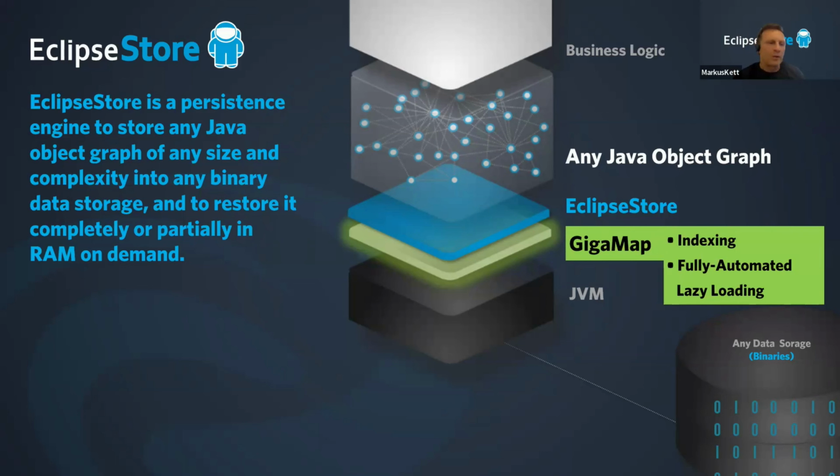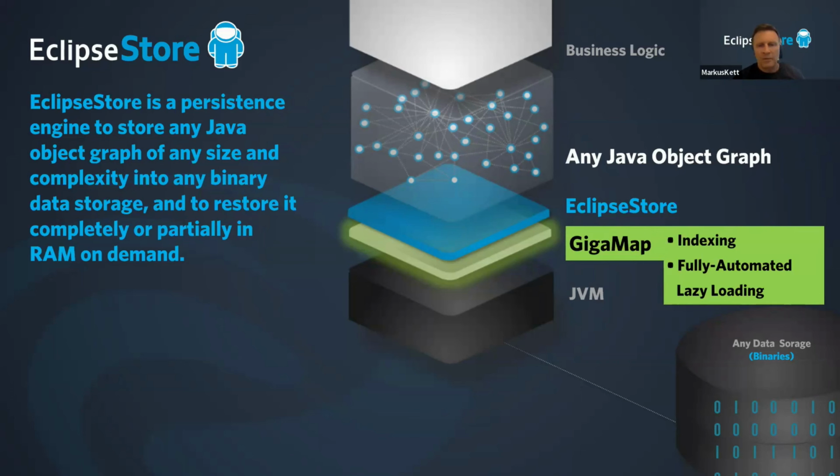We were like, no, you have to segment your data. You can do it very elegantly, and it depends on you how you segment your data. But then we decided to introduce a new indexing concept with GigaMap. We introduced indexing and a map that provides fully automated lazy loading.